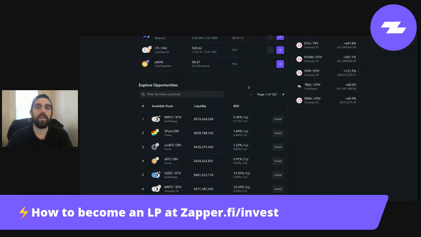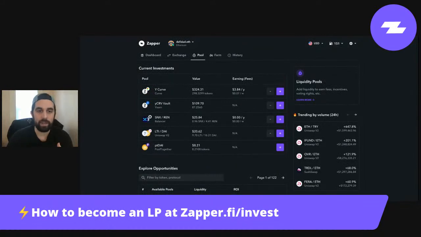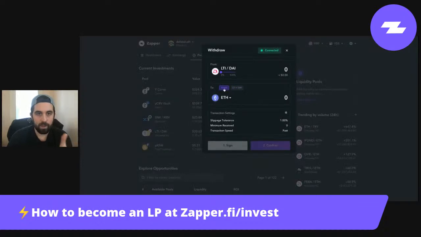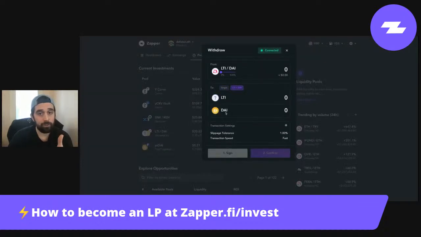Now, on the flip side of that, if I'm already in a liquidity pool, I can withdraw from it. So I could go, let's say, to here, to this LTI DAI liquidity pool, and I could withdraw. And I can withdraw either into 2 tokens, LTI and DAI. So I could leave this pool and end up with about 9.7 LTI and 10.3 DAI.